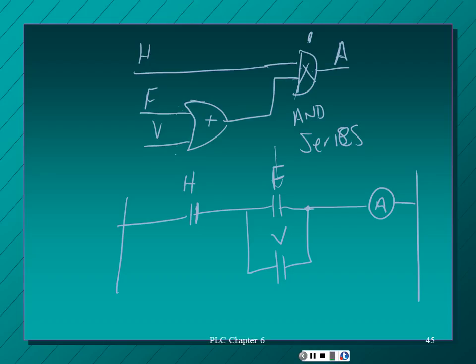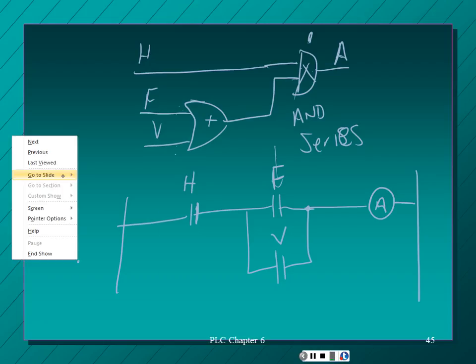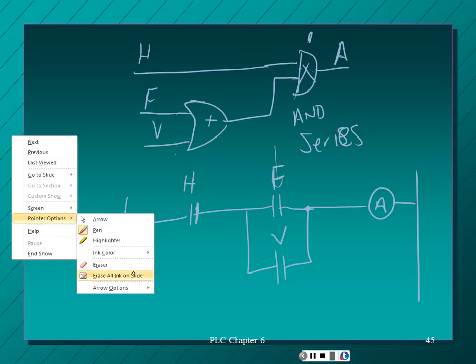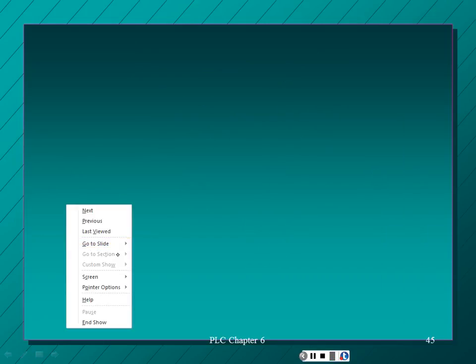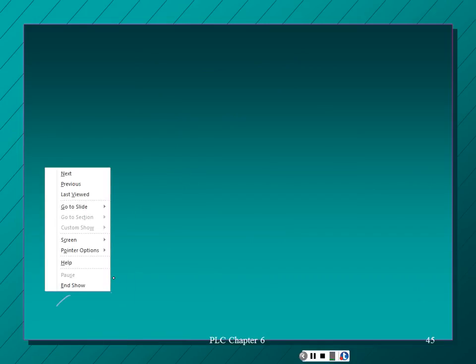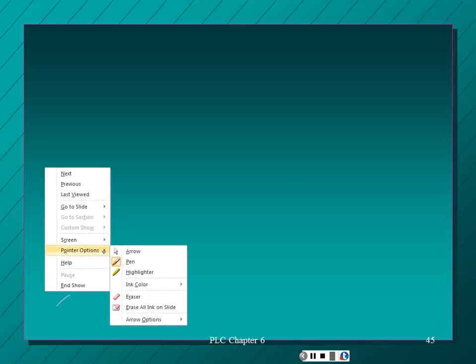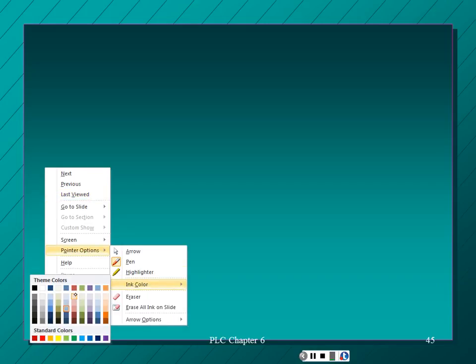I need another sheet. I guess we'll erase this one. All right, everybody okay so far?